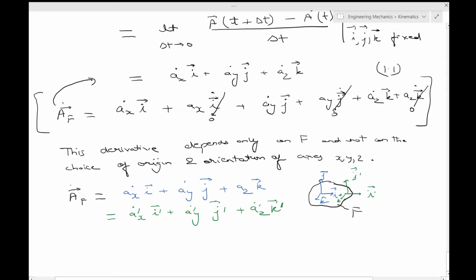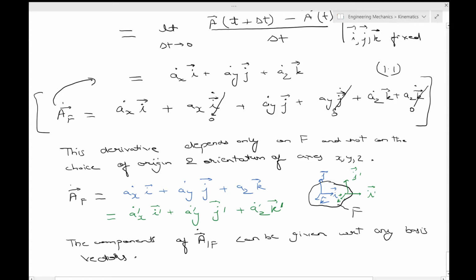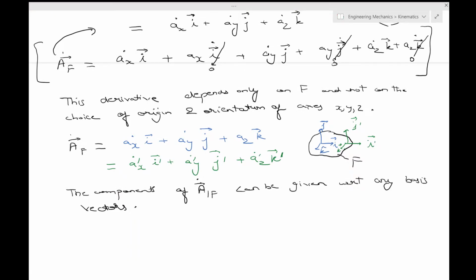So when they say that the components of A can be given with respect to any basis vectors, I'll just show this to you by example.